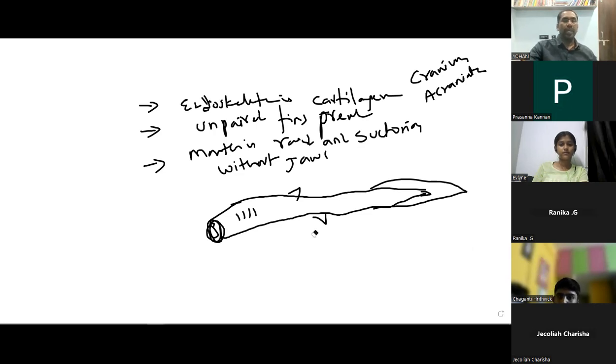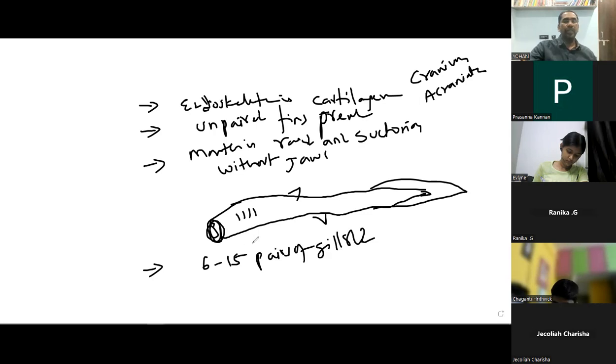Suctorial without jaws. Next point. Respiration by 6 to 15 pairs of gill slits.